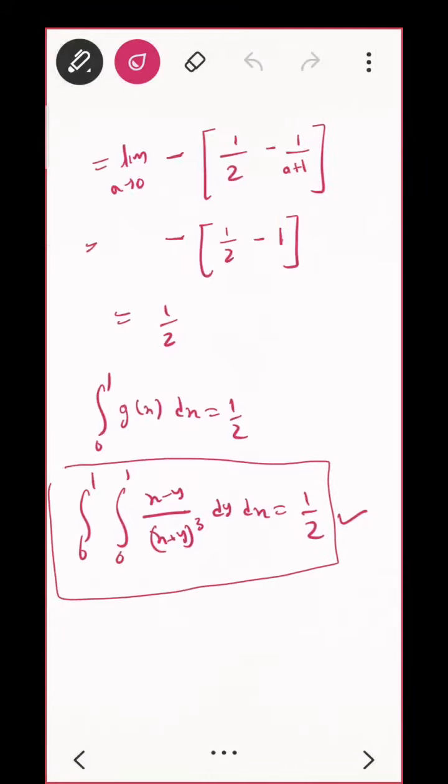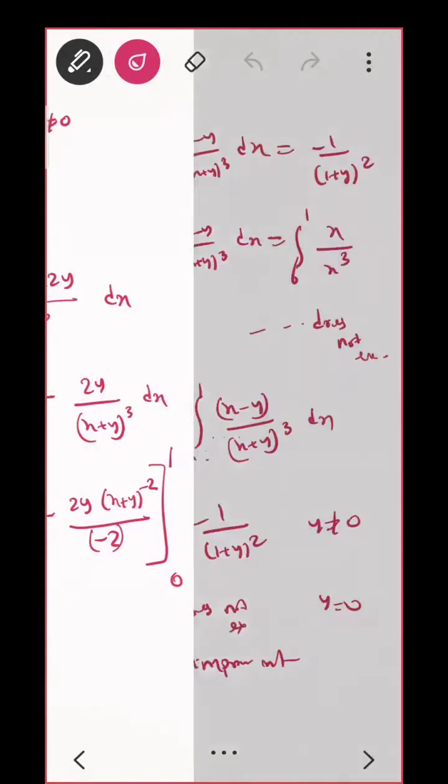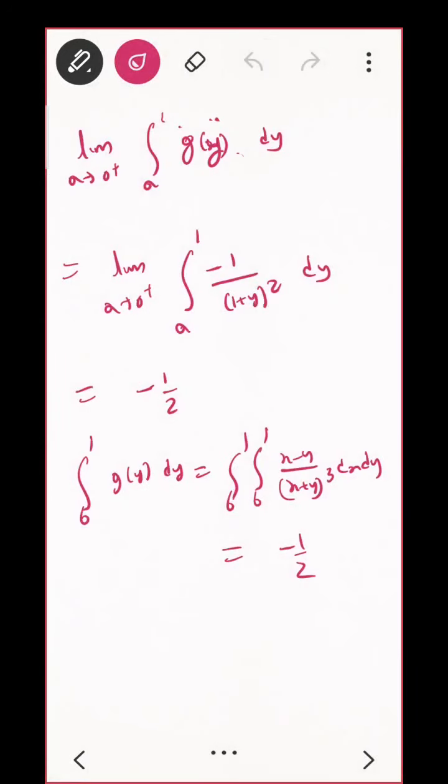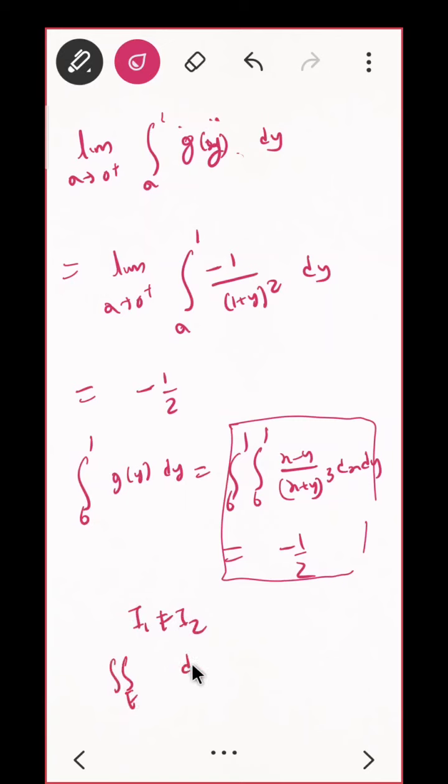Can you see that in this box here it is 1/2 and here it is -1/2? Yes. Okay. So what do we say? If I1 is not equal to I2, then we say the double integration over E does not exist.